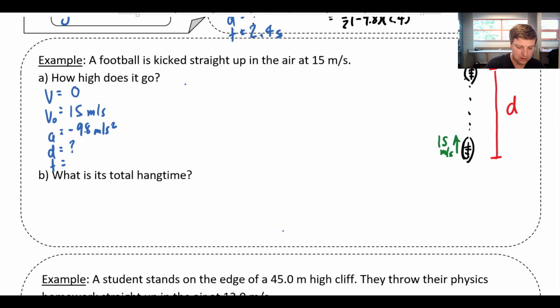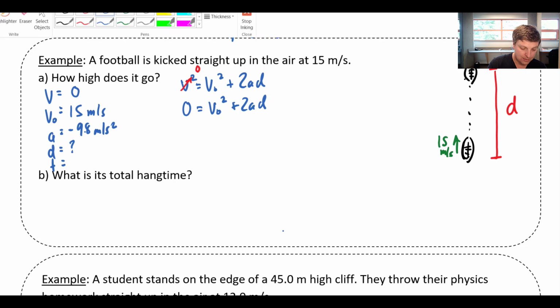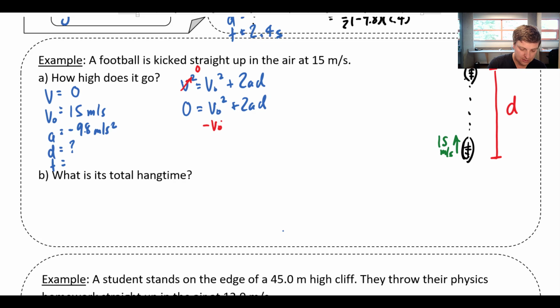The formula that I can use is this one: V squared equals V naught squared plus 2AD. Again, I said if you ever have 0, just put that in and see what that does. So V final is 0, so I'm just going to get rid of that. Now it's 0 equals V naught squared plus 2AD, and I need to solve for D. So I'm going to subtract V naught squared from both sides and get negative V naught squared equals 2AD.